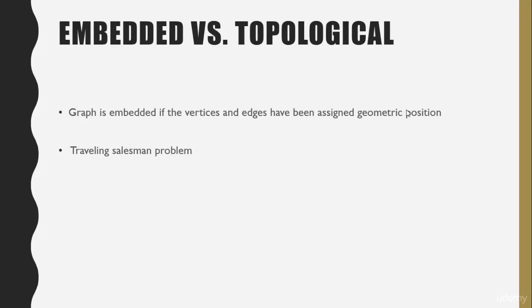Embedded versus topological. A graph is embedded if the vertices and edges have been assigned geometric positions. Thus, any drawing of a graph is an embedding, which may or may not have algorithmic significance. Occasionally, the structure of a graph is completely defined by the geometry of its embedding. For example, if we are given a collection of points in the plane and seek the minimum cost tour visiting all of them, that is the traveling salesman problem, the underlying topology is the complete graph connecting each pair of vertices.